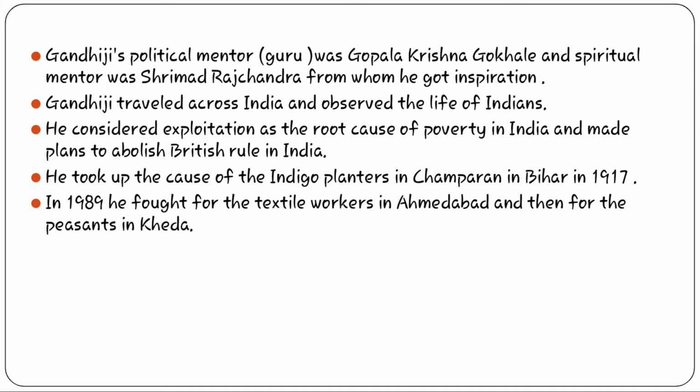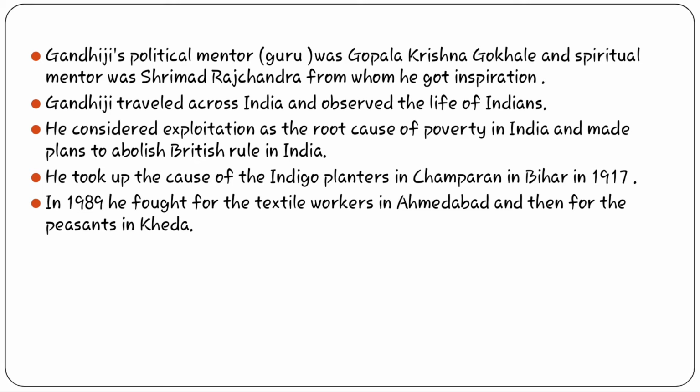Now come to page number 27 of your textbook, Arrival of Gandhi to India. Gandhiji returned to India in the year 1915 and started his freedom struggle work with the people. What were the works which he had done? He took up the cause of the indigo planters in Champaran in Bihar in 1917.